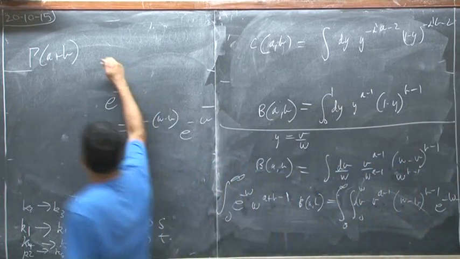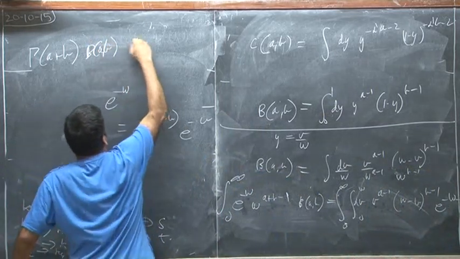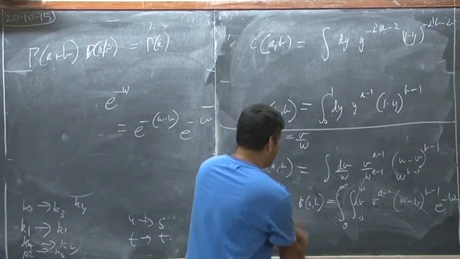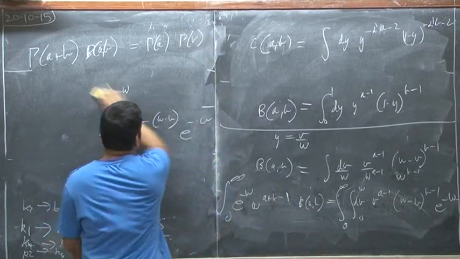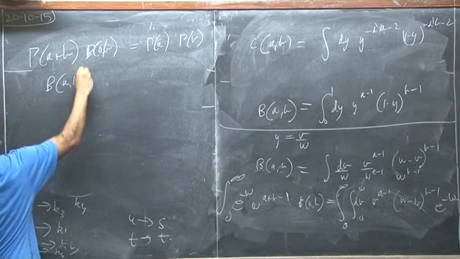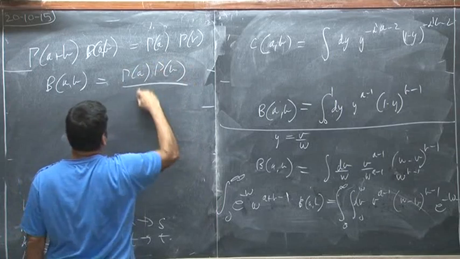So B(a,b) is equal to gamma of a times gamma of b over gamma of a plus b. So this beta function we just proved: beta(a,b) is equal to gamma a, gamma b over gamma a plus b.